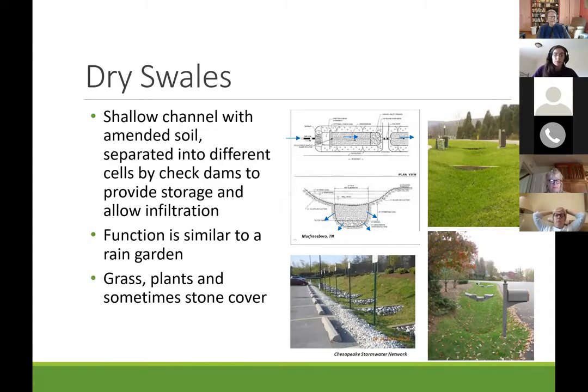Again, we need well draining, good draining soils underneath for these to work, but we can add in some more well draining soil and have these little check dams here to try and allow that water to soak into the ground rather than just speeding on down and through.